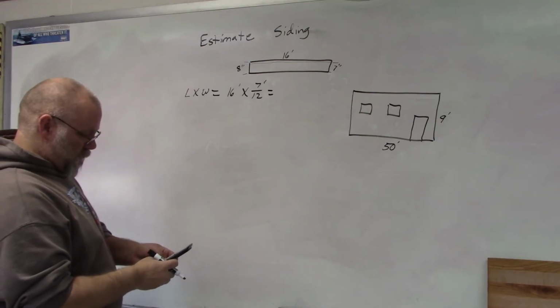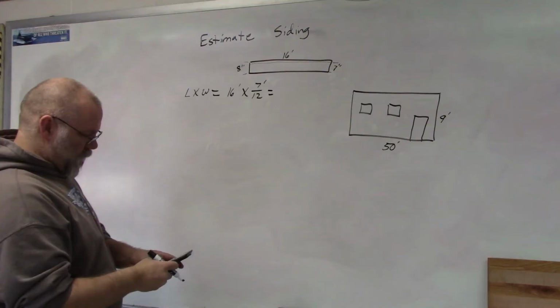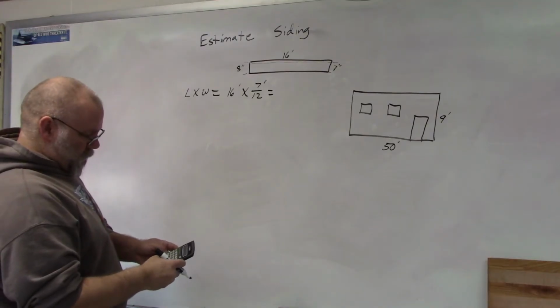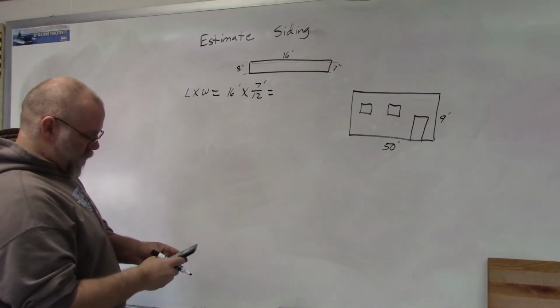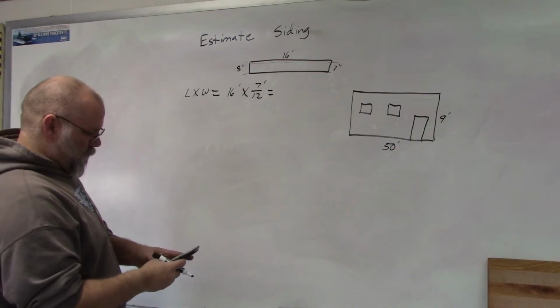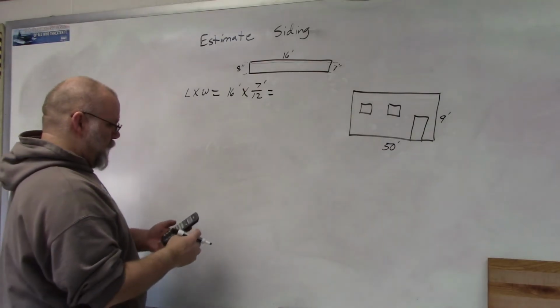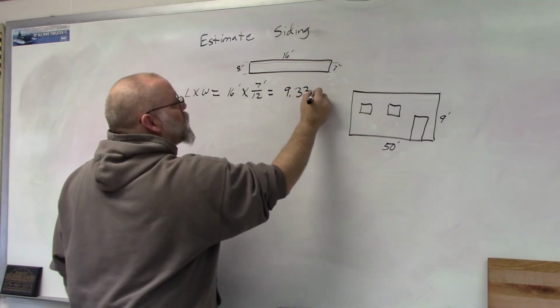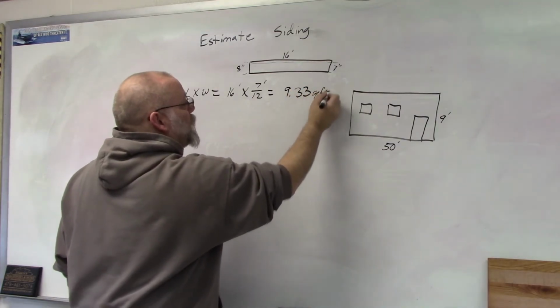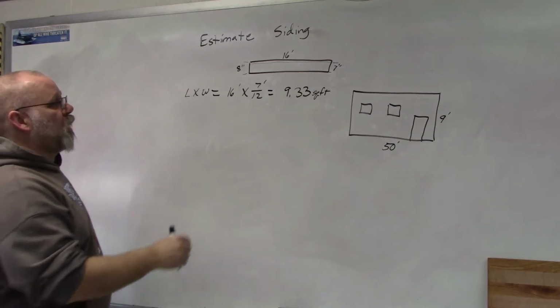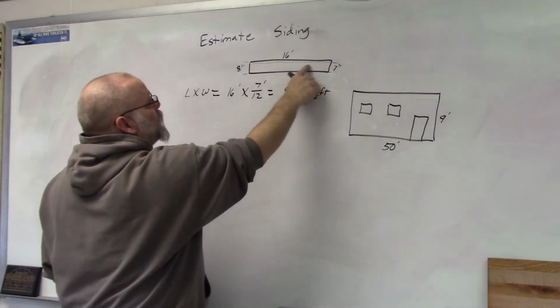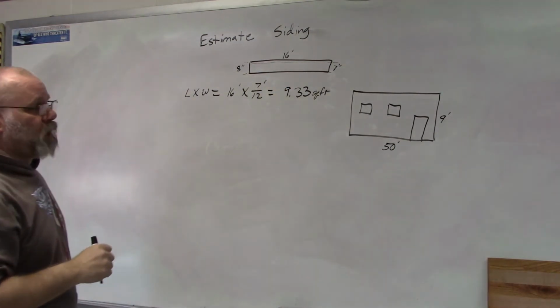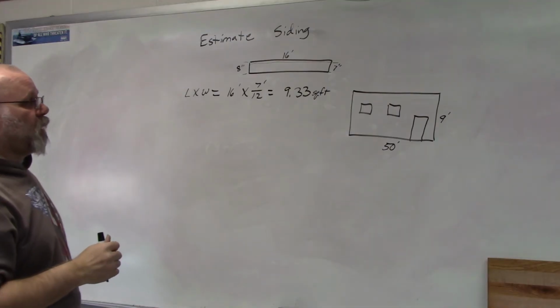So 7 divided by 12 times 16 gives us 9.33 square feet. So there's 9.33 square feet of exposed siding once I've got that piece of siding hanging up.